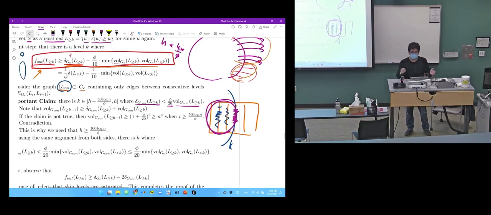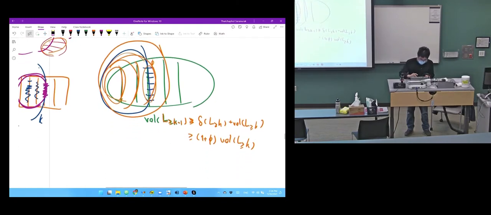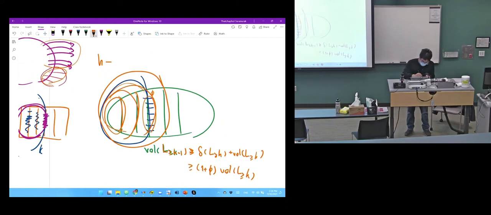But this cannot just keep happening, right? Because if you look from the h level into the h minus 1 level, and none of these is sparse, there's no sparse cut at all, then the volume here is going to be at least that factor to the i.